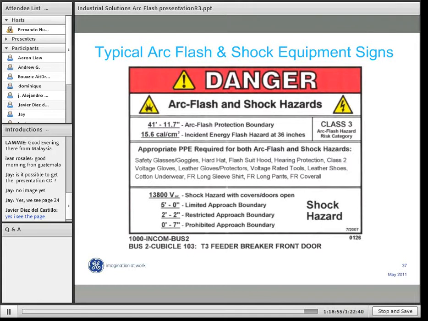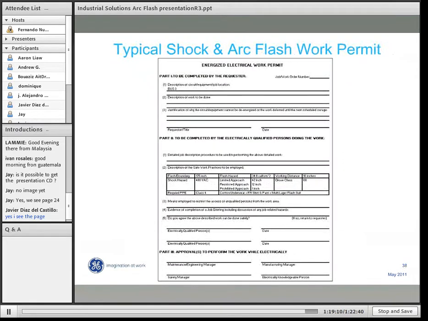I think it says 7/2007. Okay, there's a date on it.